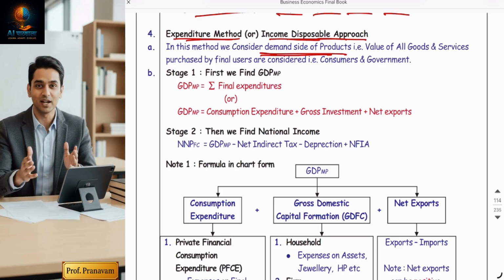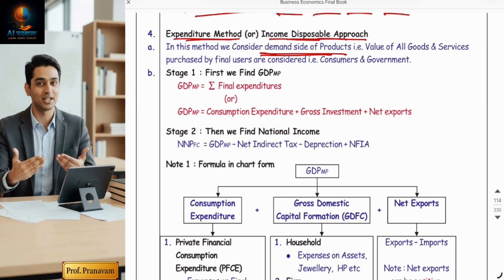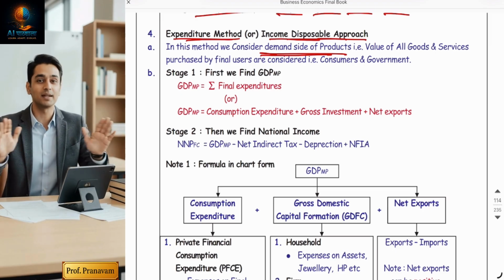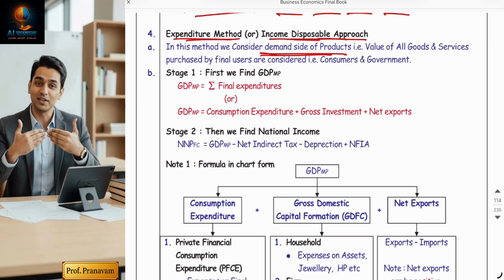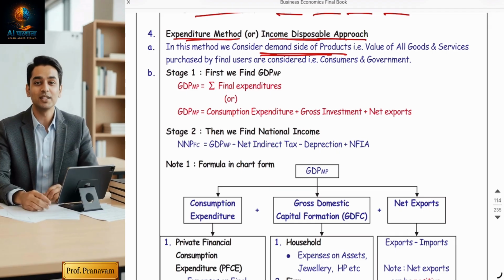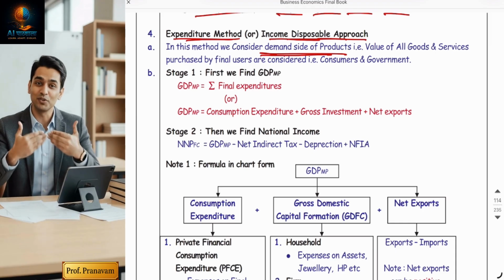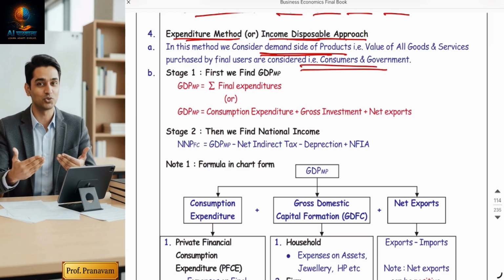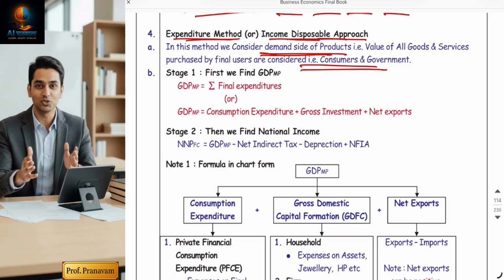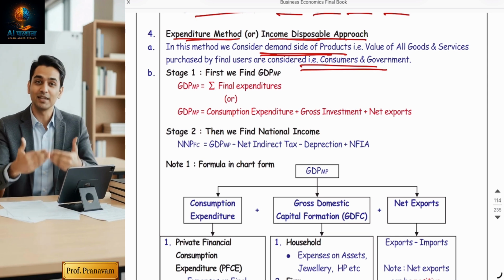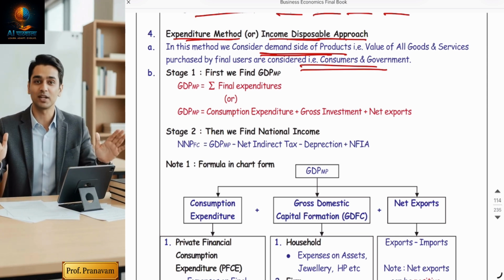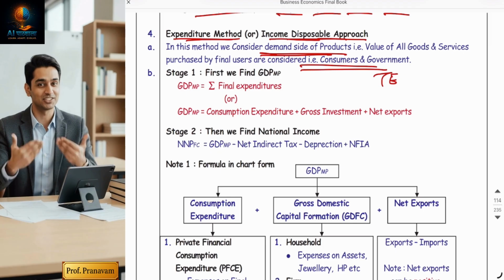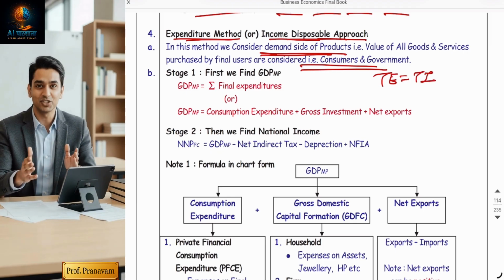In the expenditure method, national income is looking at total spending on final goods and services. Here we consider consumers and government because they are the final users of goods and services. The core logic behind this method is whatever is produced is ultimately purchased, and whatever is purchased generates income. So total expenditure is actually total income, I can say.